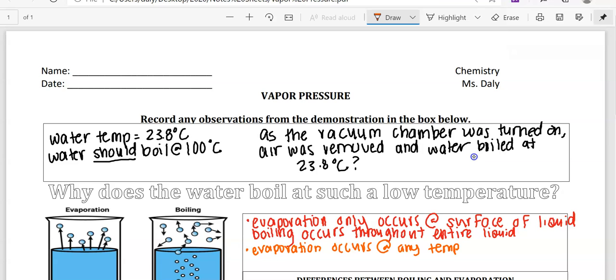On the other hand, boiling is temperature dependent. It can only really happen at specific temperatures.